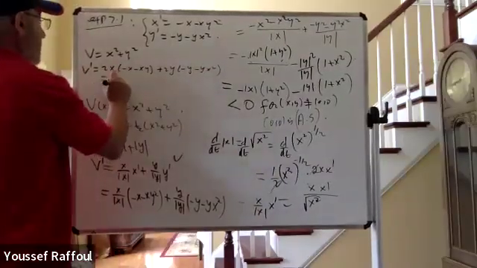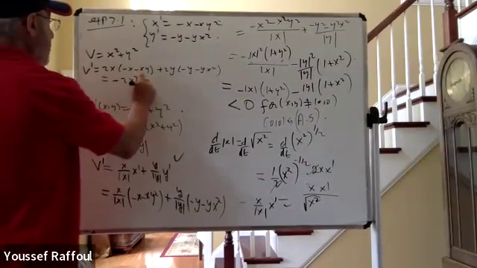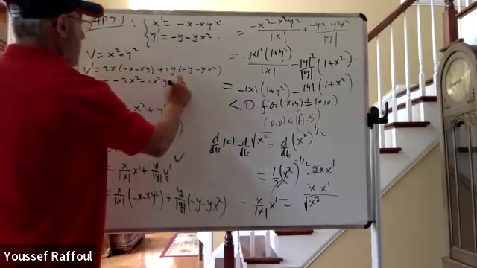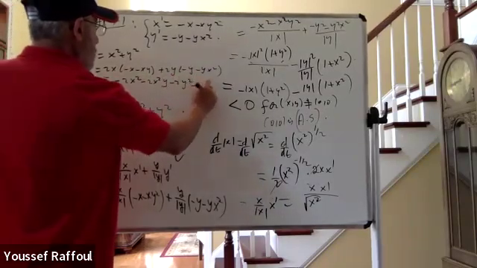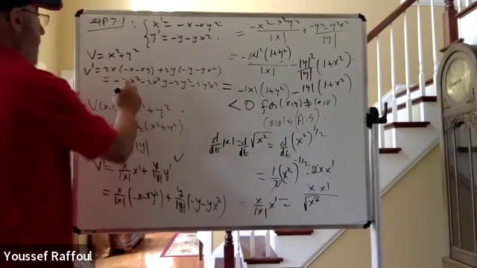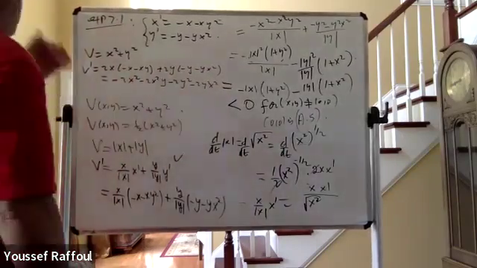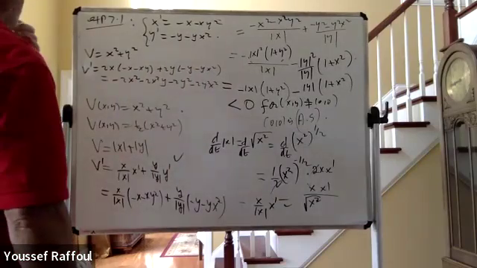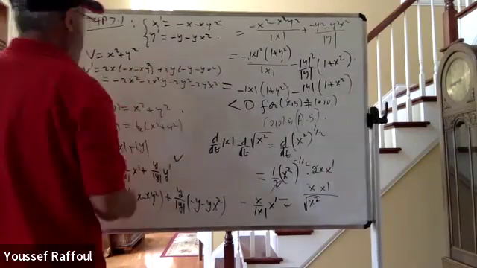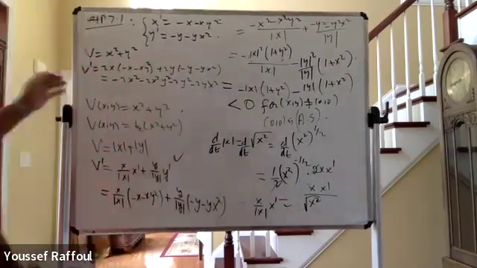And that is minus 2x squared minus 2x squared y minus 2y squared minus 2y squared x squared, minus xy squared. There. All right.